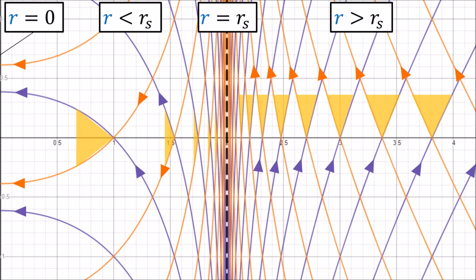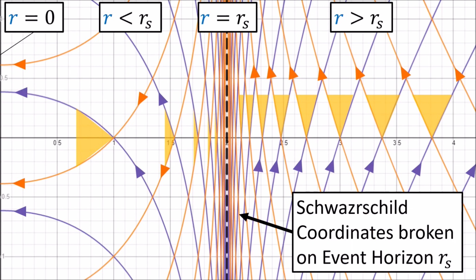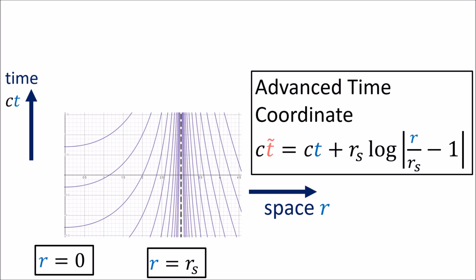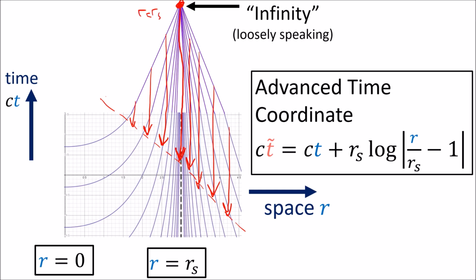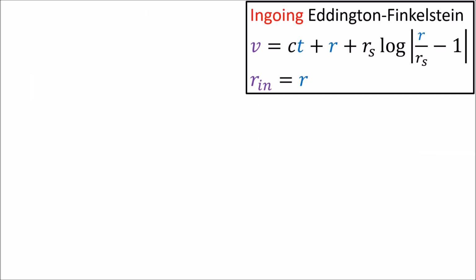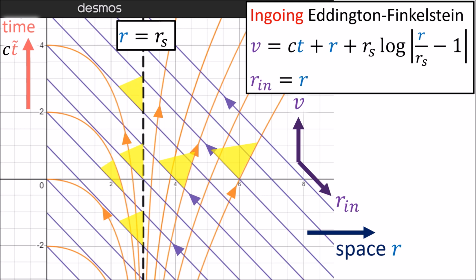So to summarize this video, we looked at alternative coordinates for Schwarzschild geometry that don't break on the event horizon. By changing to the advanced time coordinate, we were able to pull the ingoing light beams from infinity so that they cross the event horizon just fine. Using these light beams as coordinate lines gives us the ingoing Eddington-Finkelstein coordinates for a black hole.